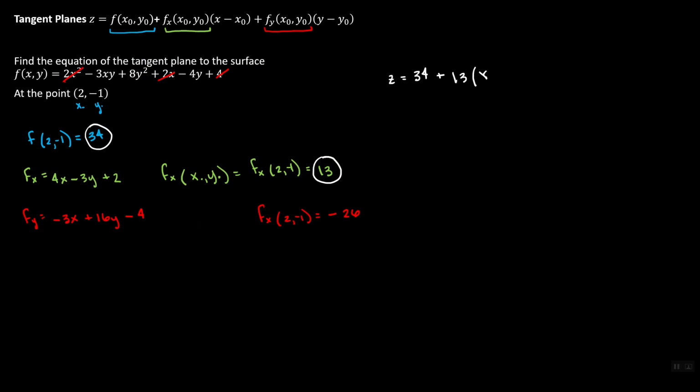Then we multiply by the change in x using x0 as 2. Then add the partial with respect to y, evaluated at our point, that was negative 26. Multiply that by our change in y, where y was negative 1. And then we can clean this up a little bit.